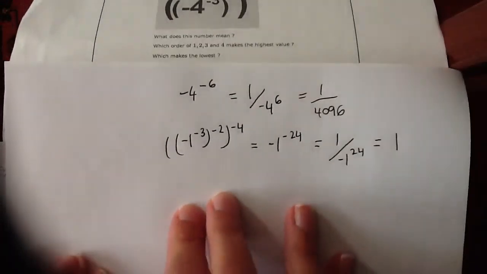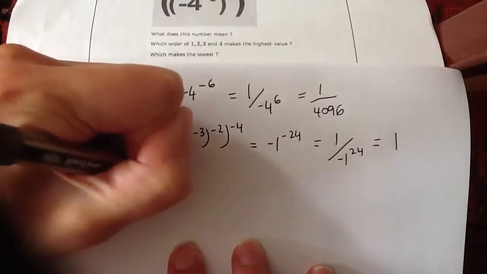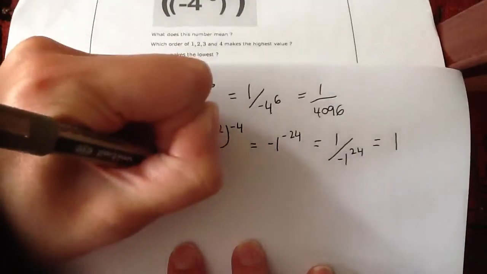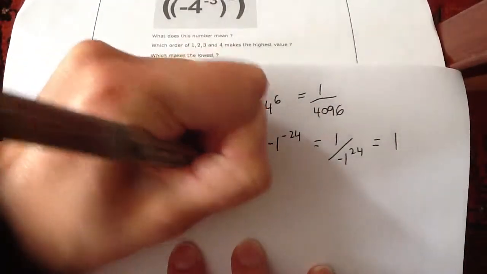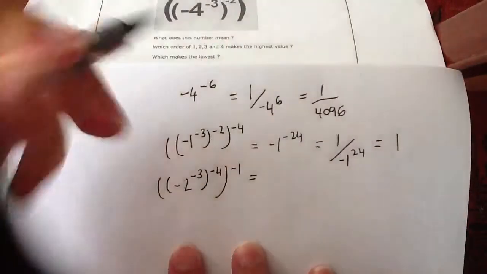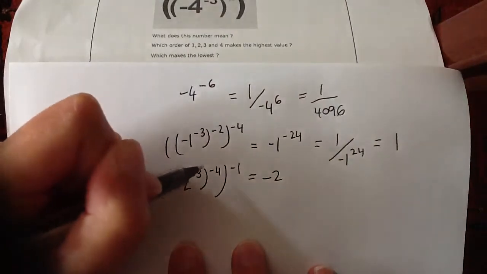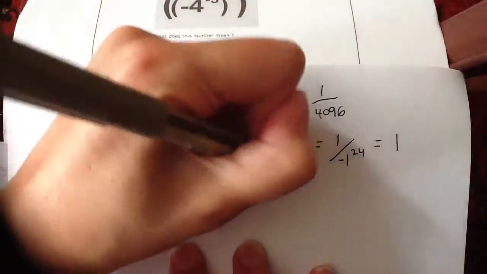Now subbing 2, we have -2 to the power of -3 to the power of -4 to the power of -1, which is equal to -2 to the power of -3 times -4 is 12, times -1 is -12.